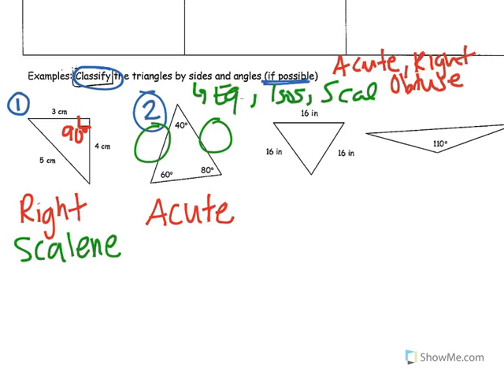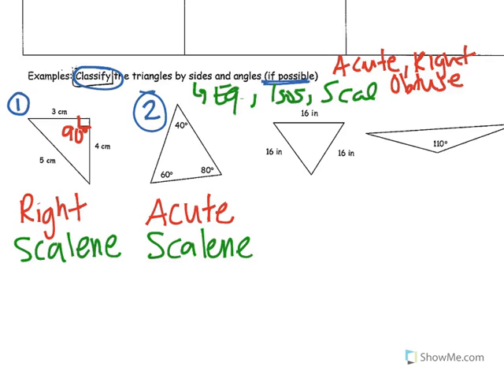I'm going to look at my sides. There's nothing there, right? I have no side measurements like I do before. But I'm actually going to use the angles to help me figure this out, right? This is the smallest angle, the middle angle, the largest angle. All 3 of those angles are different. So if you have 3 different angles, that meant you had 3 different sides, which means this is also scalene. Okay?